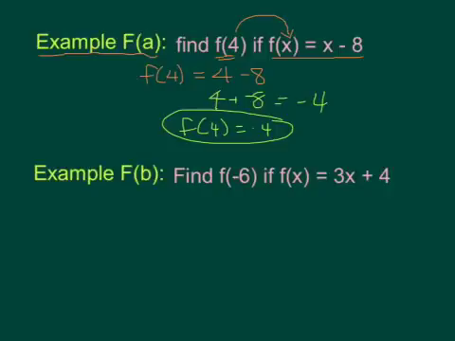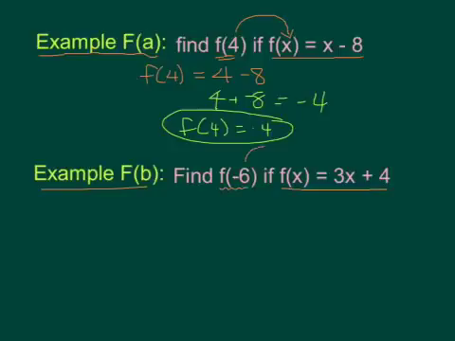In the next example, example B, our function f of x is 3x plus 4. That's the rule that we're looking at, the function rule. And the value that we're looking for is f of -6.